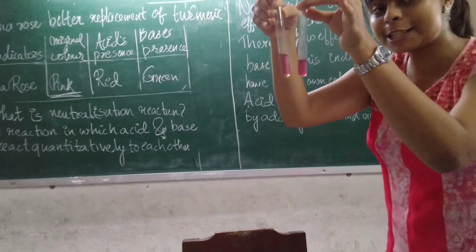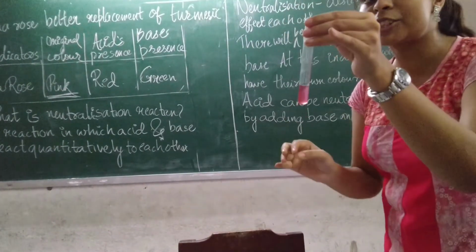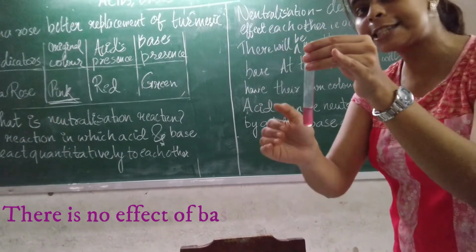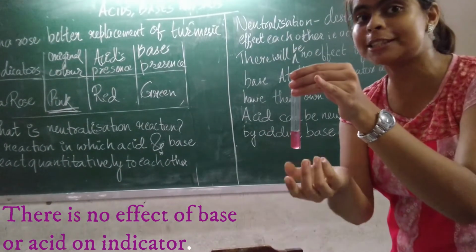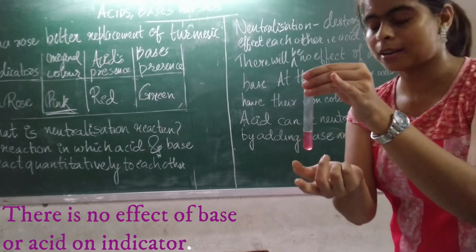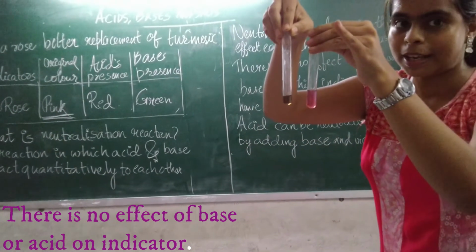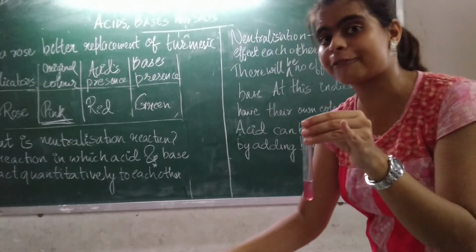No. So at this point we can say that base has destroyed the effect of acid completely, or we can even say the acid has also destroyed the effect of base, because we cannot see the color of the base. See, base has green color. It is not showing any green color. That means acid has also destroyed the effect of base.